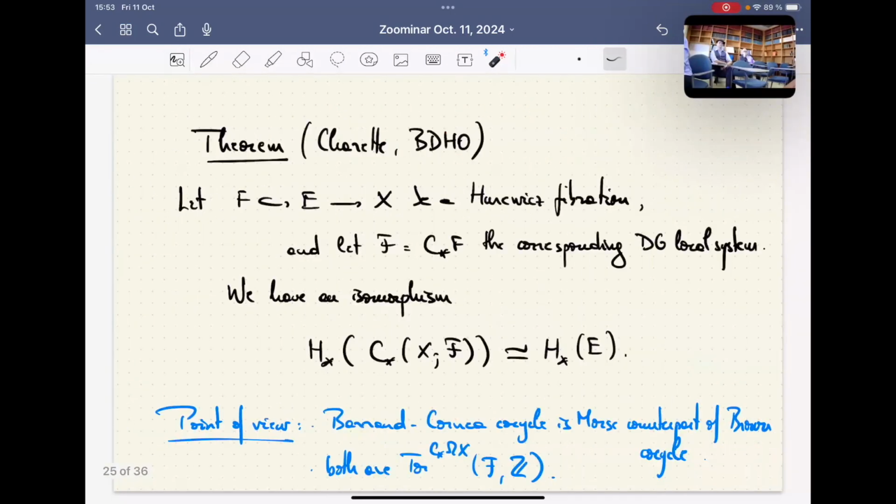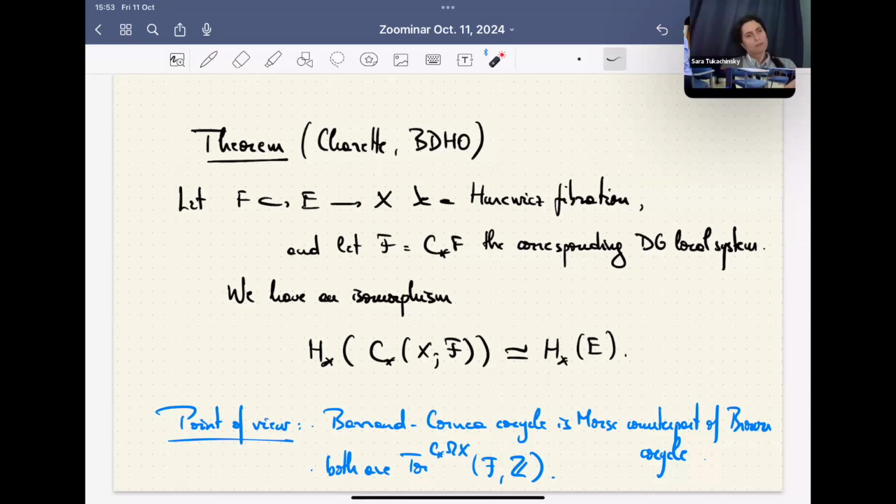And theorem, which was proved by François Charette over Z mod 2, and we reprove it also with arbitrary coefficients: if we have a fibration and we take as local system the chains on the fiber with its corresponding module structure given by the lifting function, the homology of this complex is the homology of the total space. So this is the Morse counterpart of Brown's theorem.